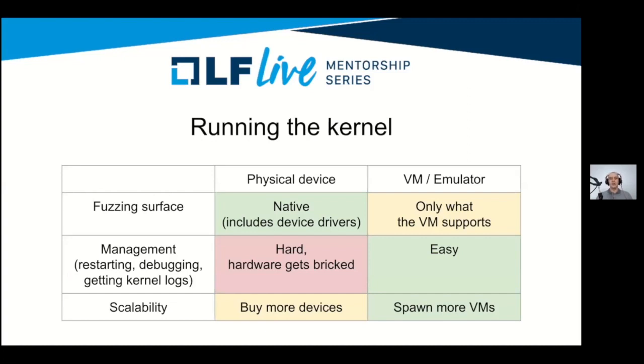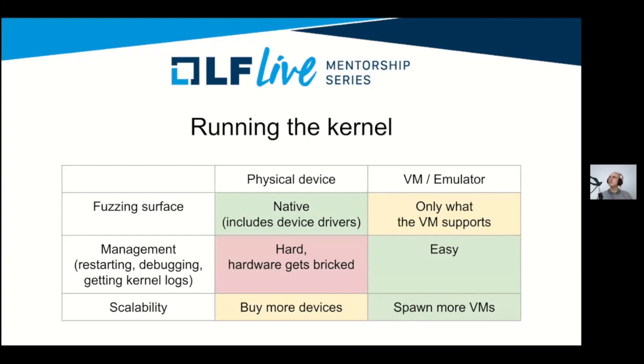The good thing about using physical devices is that you execute the kernel in its native environment, which means you will have all the proper hardware, and you can actually fuzz device drivers. When you're fuzzing in the emulator, you're only limited to what the emulator can emulate.